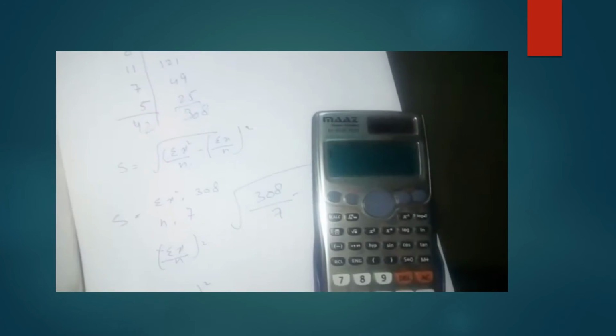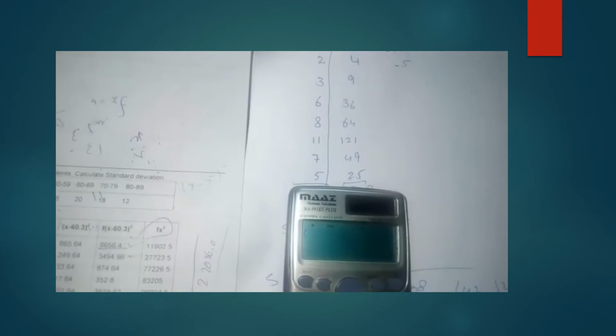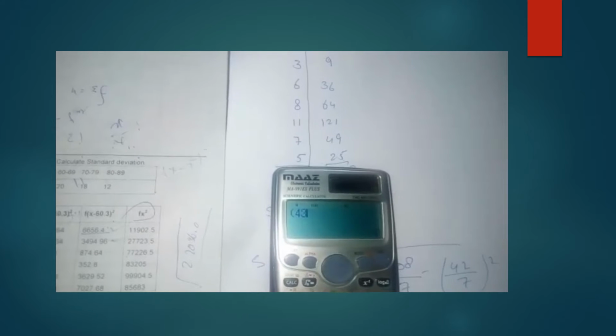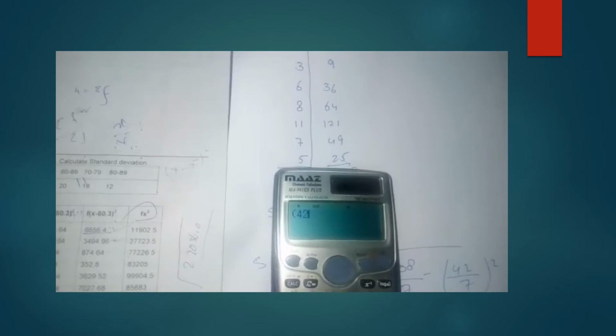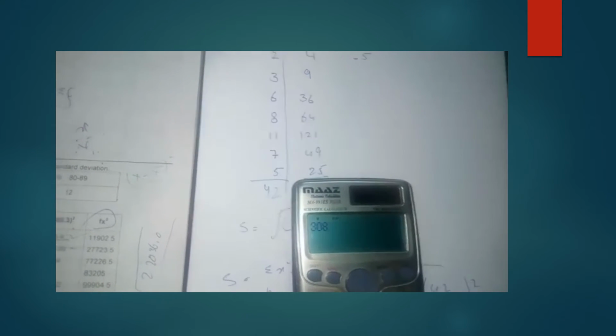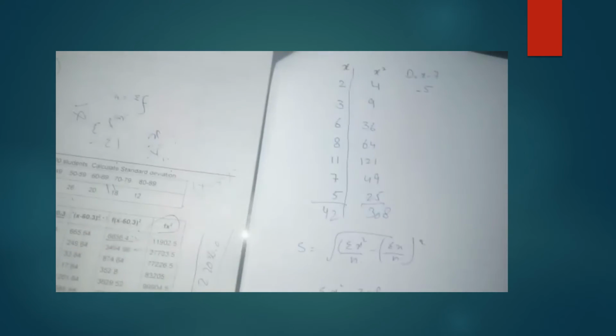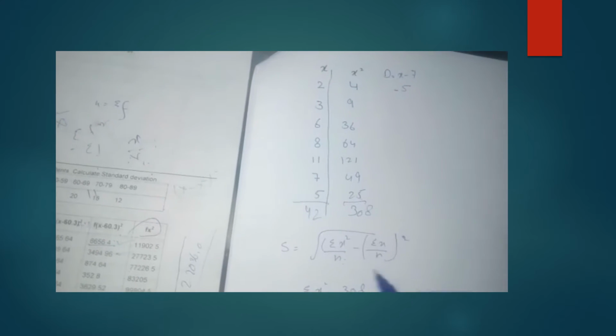Firstly we solve this part: 42 divided by 7 is 6, and 6 squared is 36. So the answer of this part is 36. And 308 divided by 7, the answer is 44.